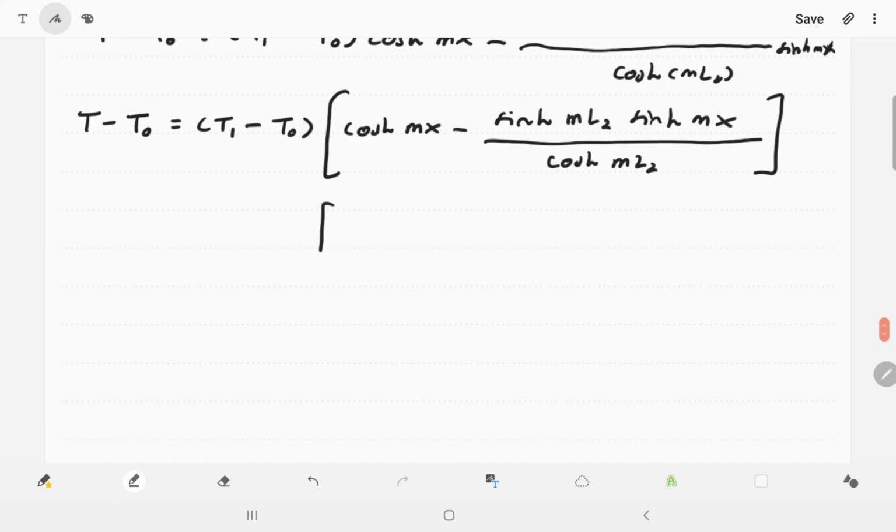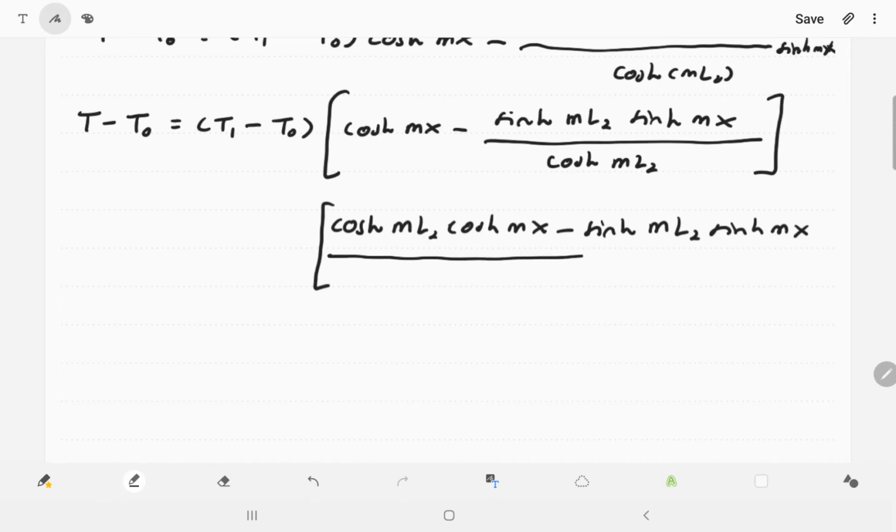Then if I want to simplify further, this will be cosh mL2 cosh mx minus sinh mL2 sinh mx, divided by cosh mL2.